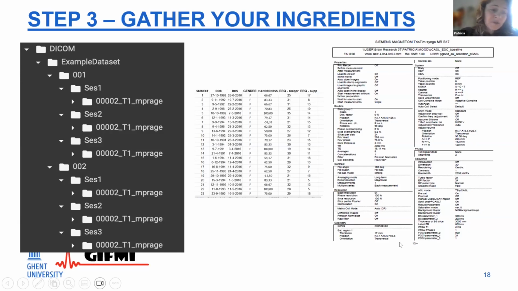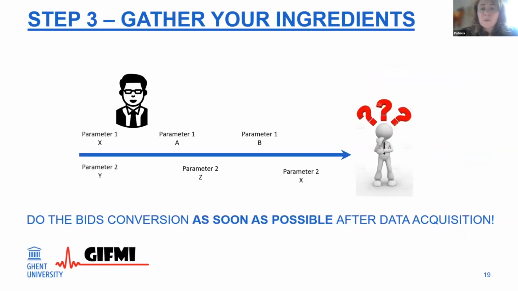This information is also very helpful because for many techniques, you don't have all acquisition parameters in the DICOM header. So in some cases, you might lose some of these parameters. So when you start a study, it's very important to retrieve the protocol file and store it somewhere safe as well. And that's why we would advise to do the BIDS conversion as soon as possible after the data acquisition.